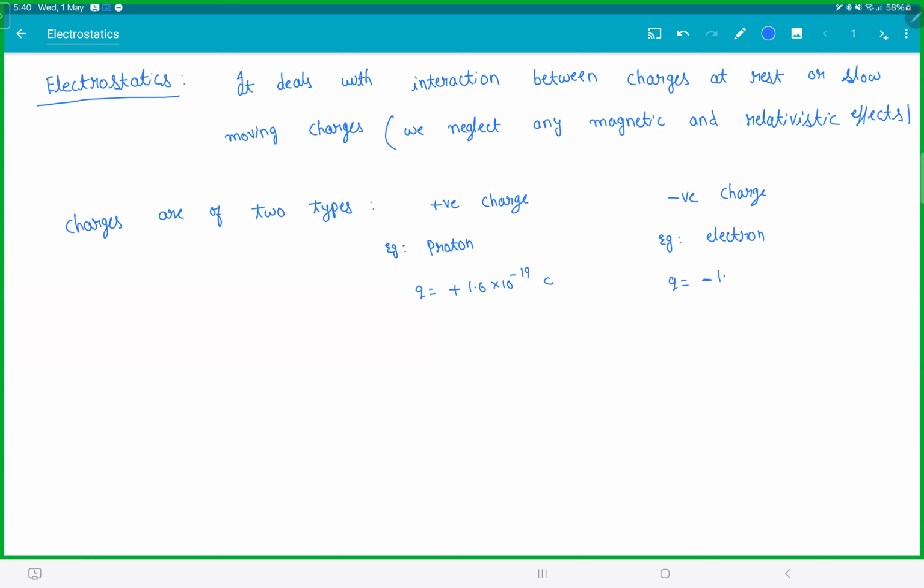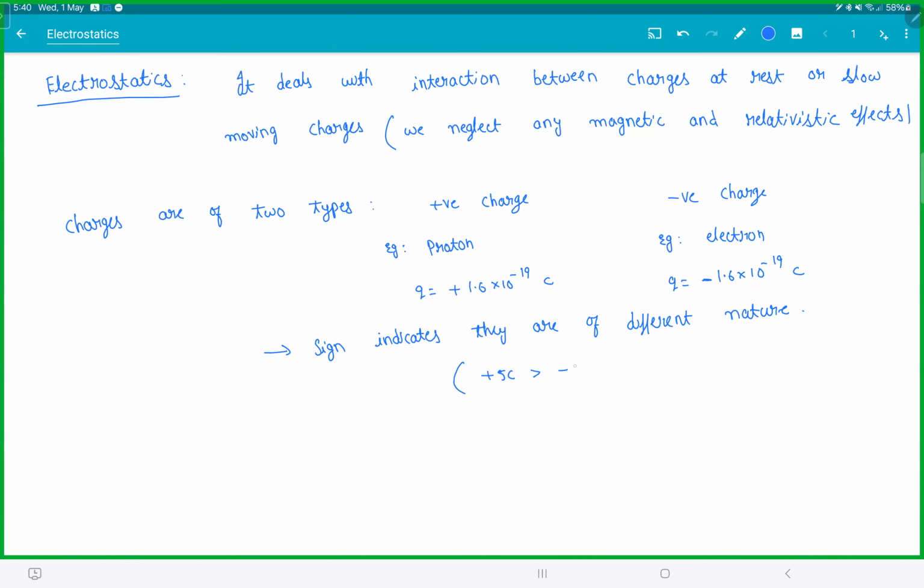This charge is minus 1.6 into 10 power minus 19 coulombs. Now, understand here, the sign simply indicates they're of different nature. You can't say that plus 5 coulomb is greater than minus 5 coulomb.